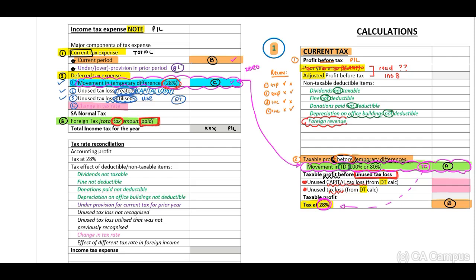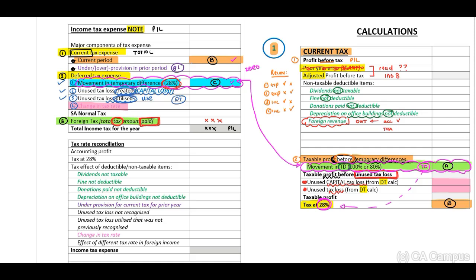Now, we take into account the foreign revenue that we need to take out. Why do we take this out? Think about this again. For accounting purposes, we've included this. Therefore, we need to take this out. But for tax purposes, we include the tax amount in our income tax expense note. Therefore, we already include the tax amount.